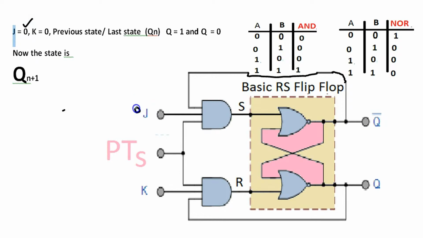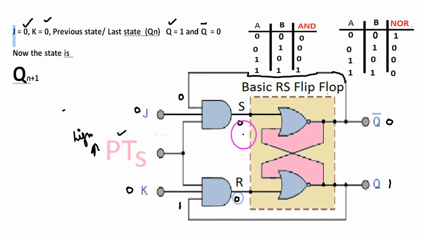J equals 0, K equals 0. Let the previous state be Q equals 1 and Q complement equals 0. Clock is high. The whole line is at low potential, 0 here, and the AND gate gives 0. 1 comes here.